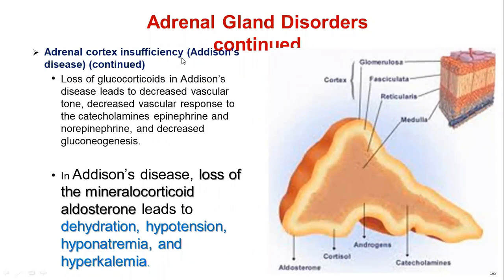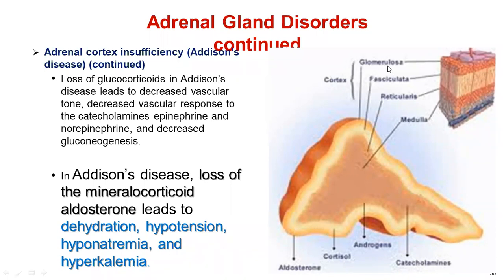What next? In this picture, adrenal cortex insufficiency or Addison disease, showing the histology of the adrenal gland, the inner side is the medulla and the outermost is the cortex. The cortex is again subdivided into three layers: glomerulosa, fasciculata, and reticularis.